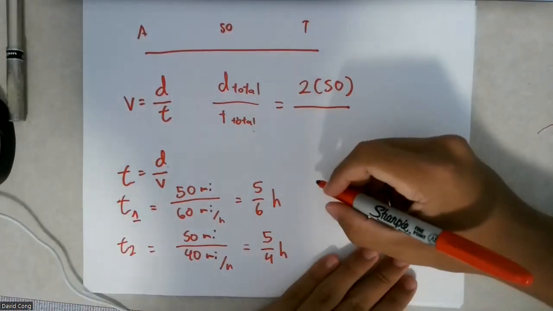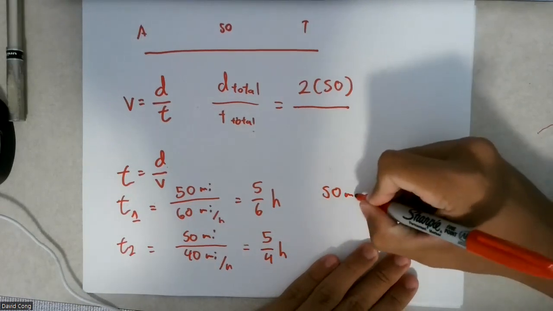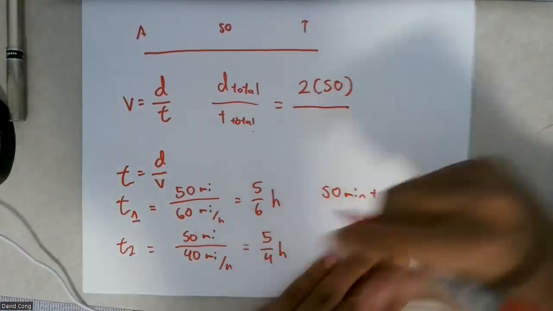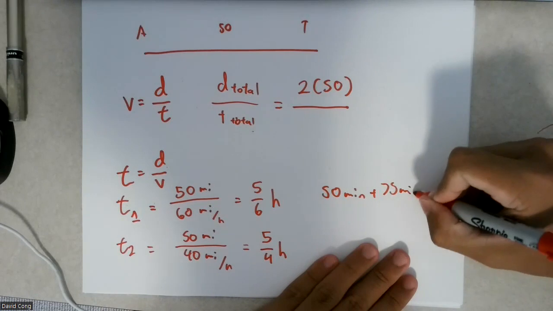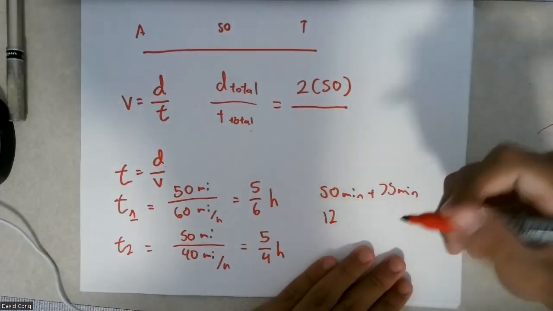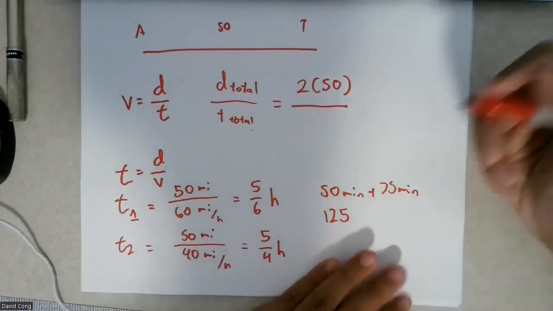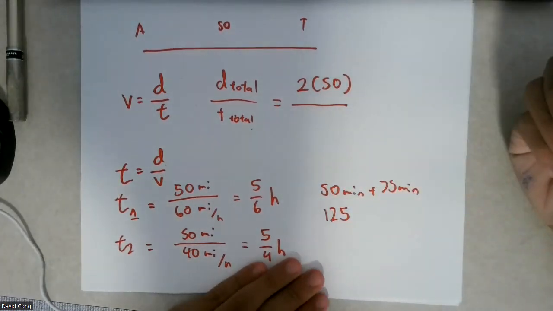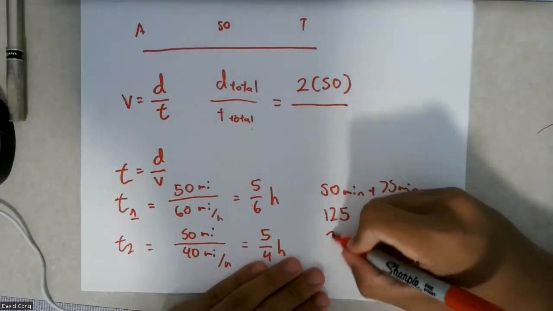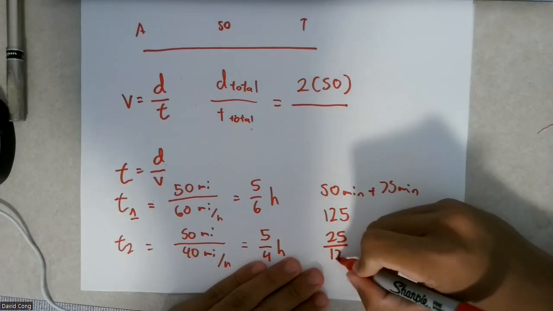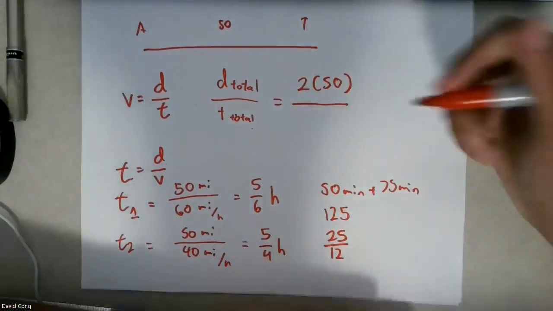And now for time total, we just add them. So this is 50 minutes, and this is 75 minutes, which leaves us with a total of 125 minutes, which is equal to, I think, 25 twelfths of an hour.